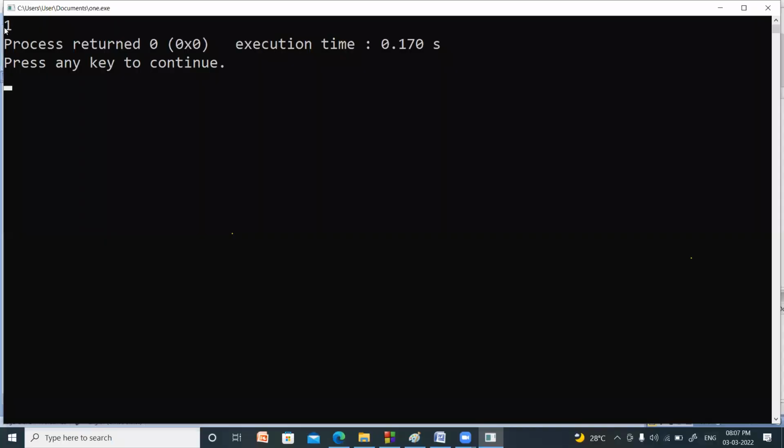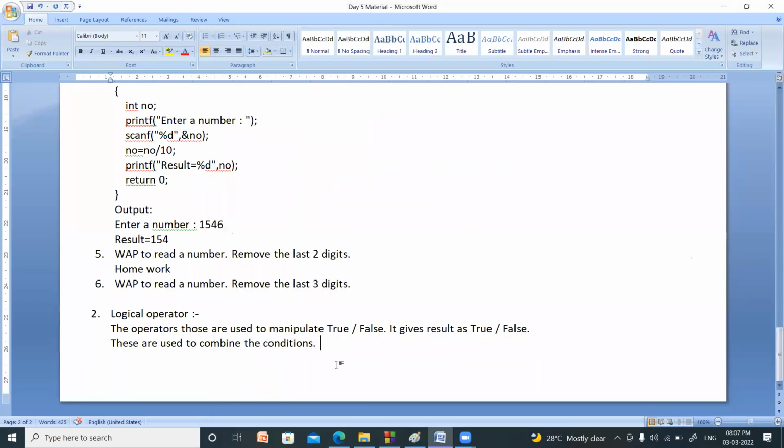In computer terminology, true means 1 and false means 0. What is the value of true here? 1. What is the value of false here? 0. Right. The logical operators are 3.